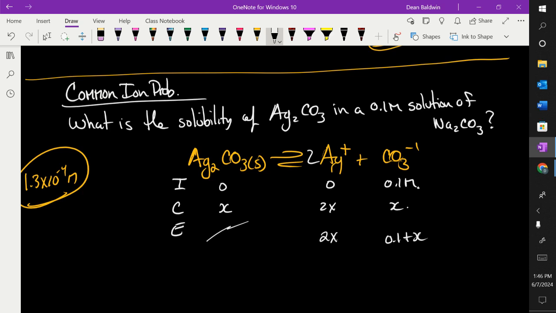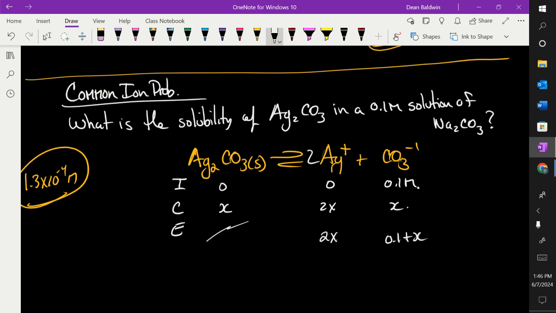If you don't remember to do the assumption thing, you're going to end up with a quadratic. You can solve it using the quadratic formula, be my guest, but if you end up with a quadratic, there's a high probability you did something wrong. We stay away from quadratics. We're allergic to quadratics in this class.